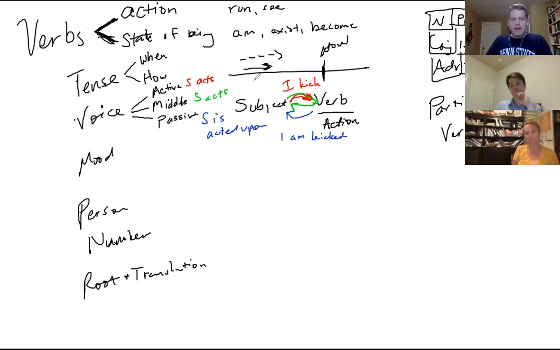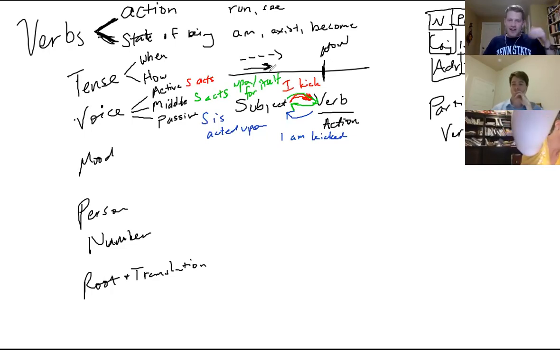Like I sharpened my own pencil. That kind of an idea. That's getting a little past it, that's more of a Spanish kind of thing. But anyway, the subject acts upon or for itself. So I look at myself. I let myself out. Like, I'll see myself out. That's almost like a middle kind of thing going on.